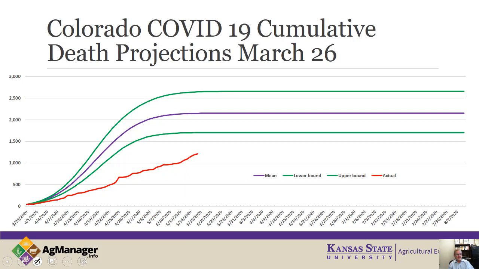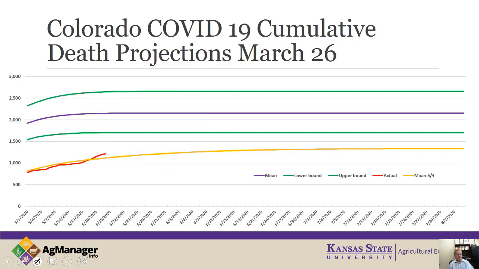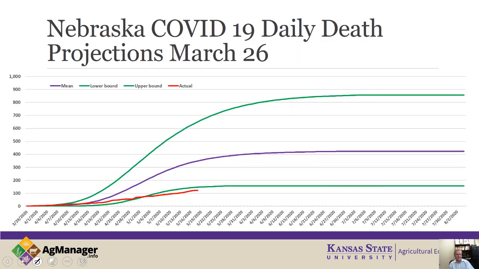We'll jump around from Kansas and then we'll just look at these. This is the Colorado picture, again, well below the lower bound that was originally projected. In the more recent projection, looking at the numbers from May 1, you will see that Colorado is experiencing a little bit higher death rate than was projected in the model.